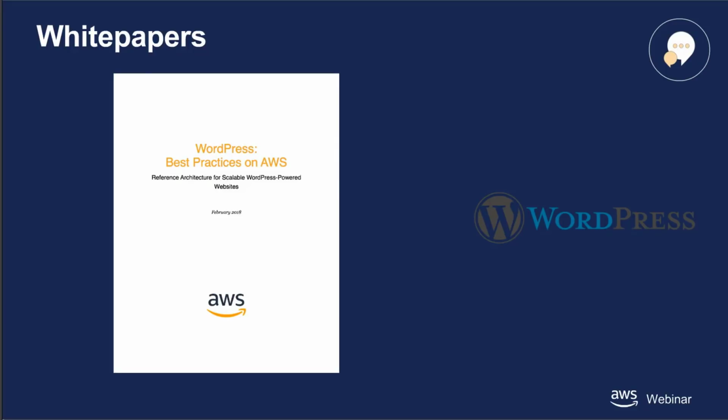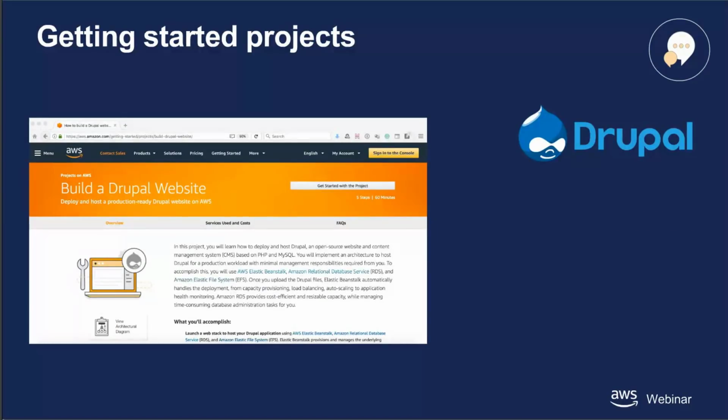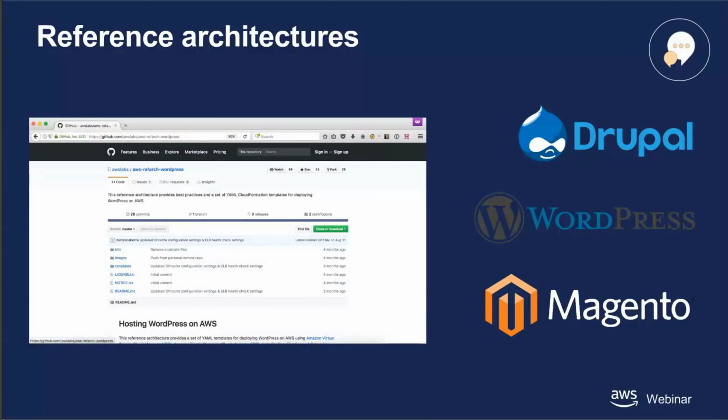It'll guide you through utilizing the different scalable options for WordPress, and EFS is highlighted in there, how to use it. We also have a Getting Started project that's really popular for building out a Drupal website, and it'll talk about EFS and how to take advantage of EFS with Drupal.